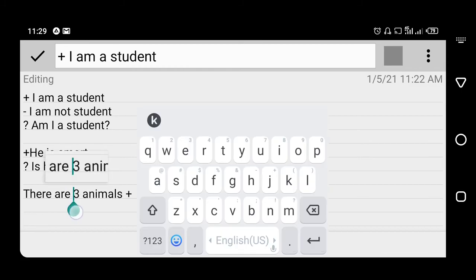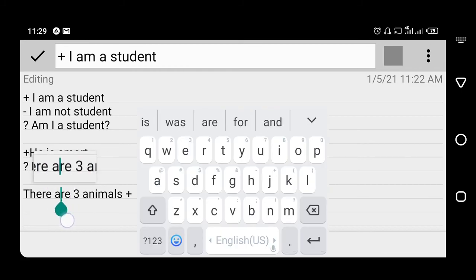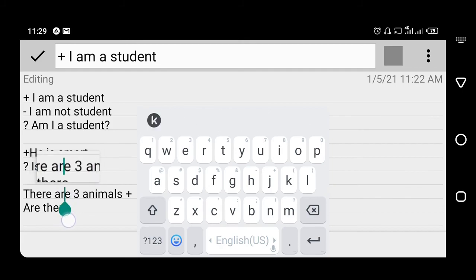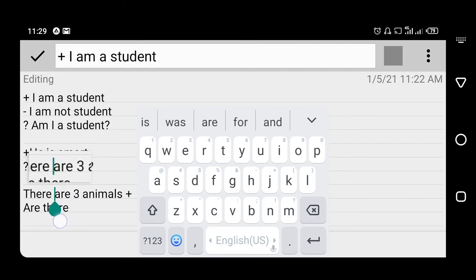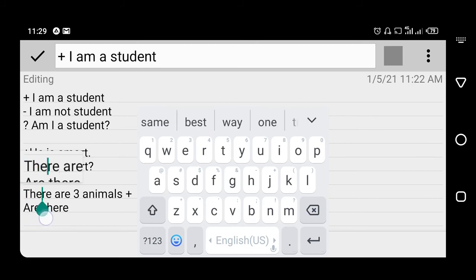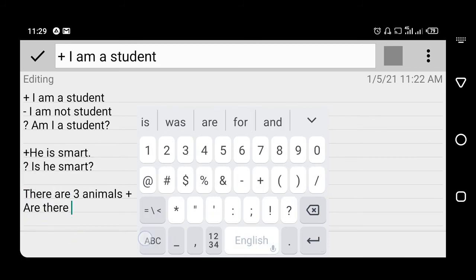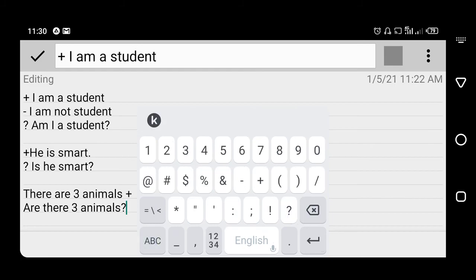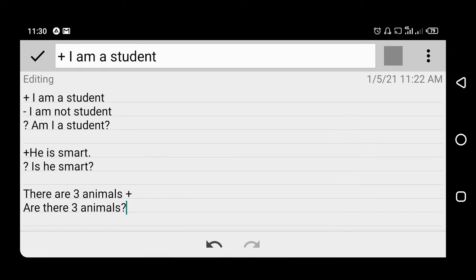Seperti yang saya bilang, kita ambil be-nya dulu yang ini. Are di sini. Kita taruh depan. Are there. Kita ambil ini. We already take this and then we write again there. Are there 3 animals? And then question mark. Done. Easy, as simple as that.